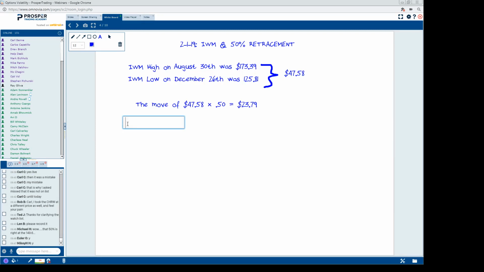Well, if I take that bottom price of 125.81 plus the 50% retracement, like Michael just said, I am right at 149.60. That would be the indicator.